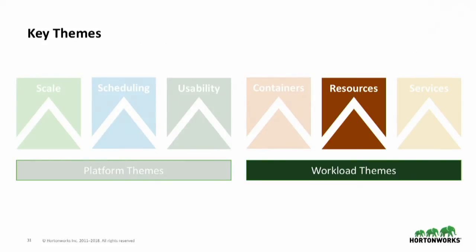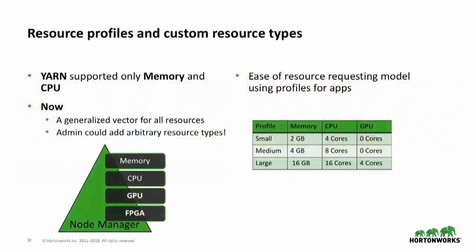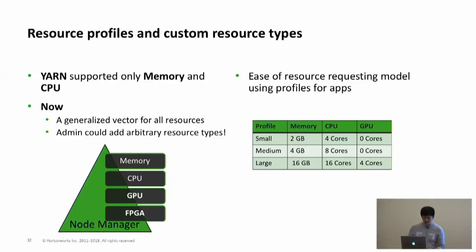Okay, thanks, Vinod. So now I'll continue with the resources. We did add some support on this part. The first thing is that we support different resource types like GPU and FPGA on top of the previously supported resource types. Previously, YARN only supported memory and CPU.